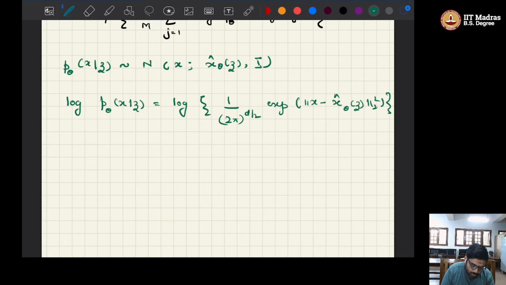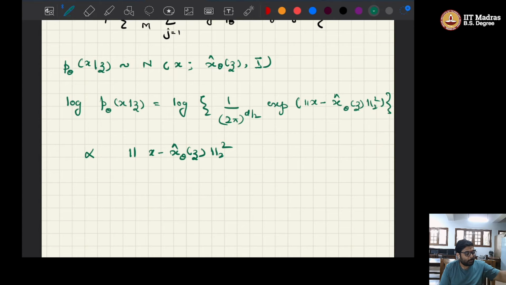Now if you take the log inside, this will be proportional to the second norm of x minus x cap theta of z.